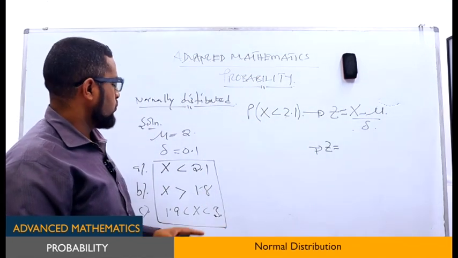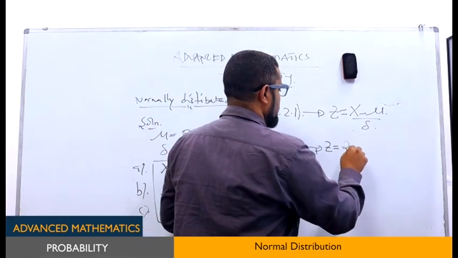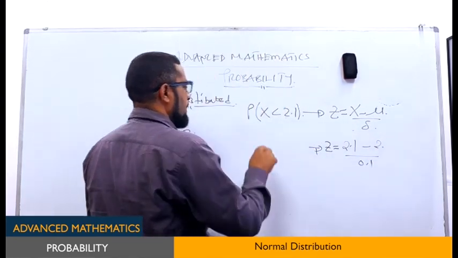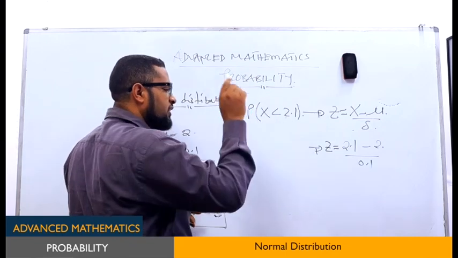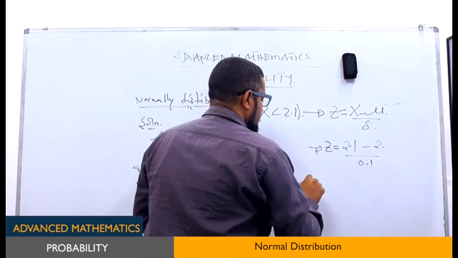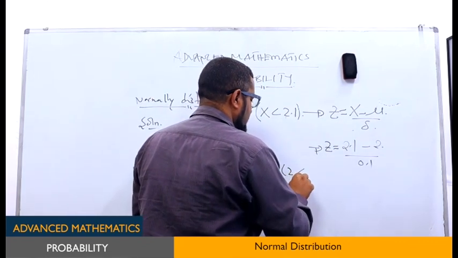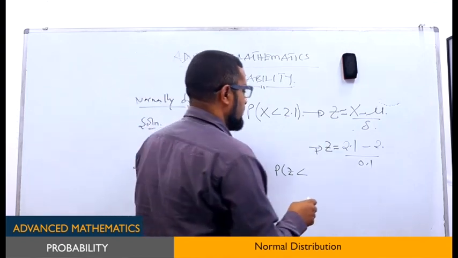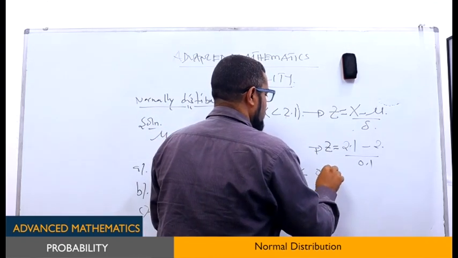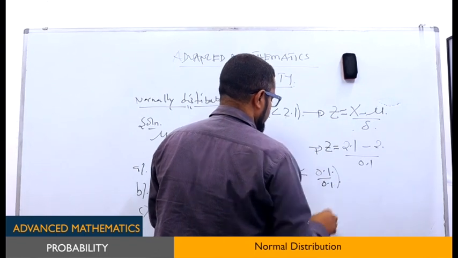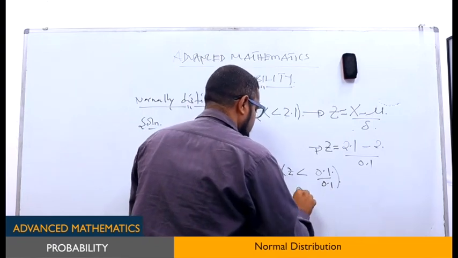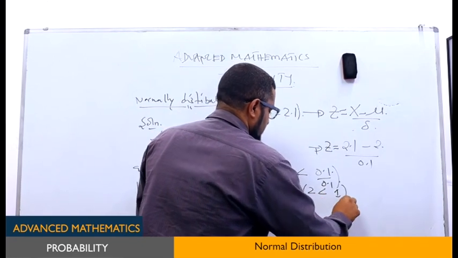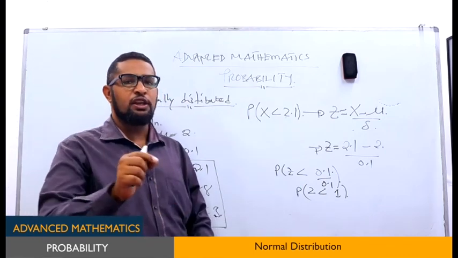Our x is 2.1, so it is 2.1 minus our mean, 2, divided by 0.1. Remember you are given x less than, so z will also be less than that value. Now take your calculator and simplify. Here we have 0.1 divided by 0.1, which gives you the probability of z less than 1.